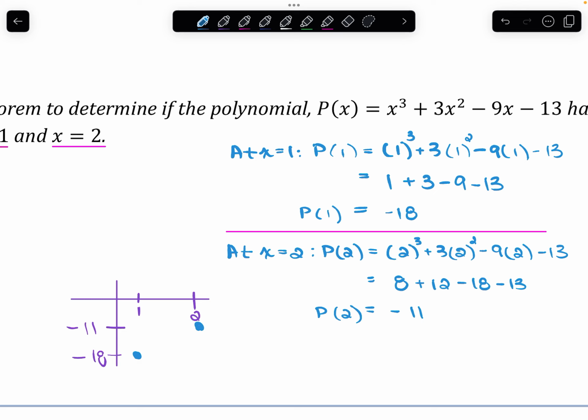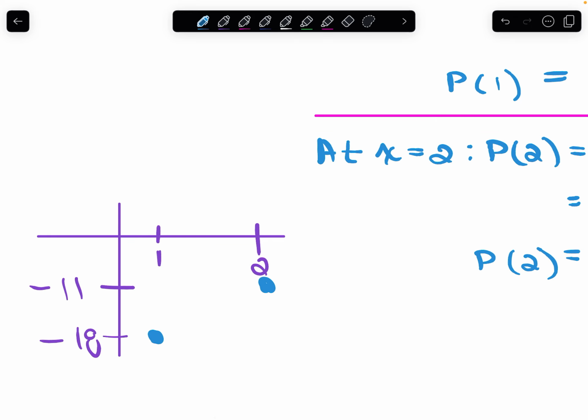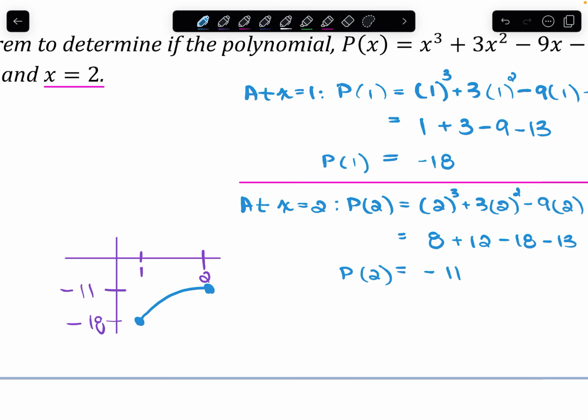So as far as a polynomial goes, they want to know, are we guaranteed to have a real zero? Well, a real zero means we have to cross the x-axis. So if I look at this polynomial, in order to get from one point to the other, I could just connect this way. We don't have enough information to know for sure, so we cannot guarantee, based on what we know, that this polynomial has a real zero between 1 and 2, because the y values did not change signs, meaning one positive and one negative.